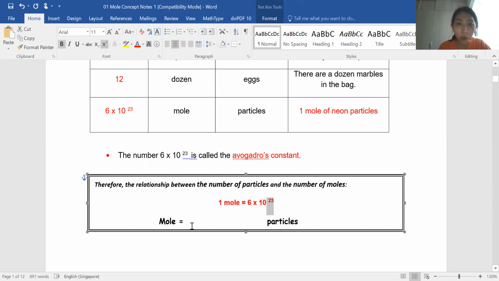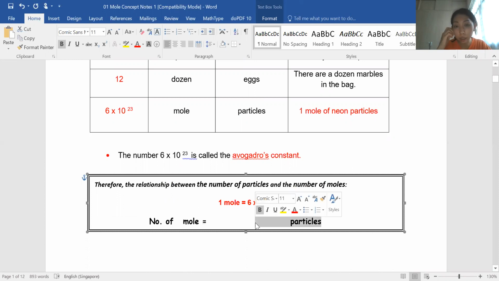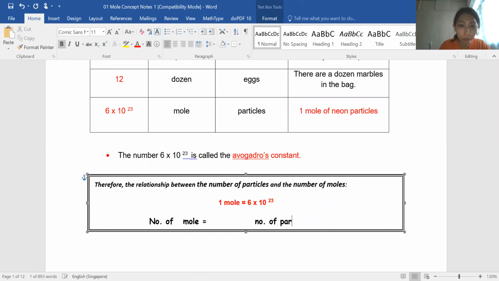If I want to find the number of moles, that would be the number of particles divided by 6 times 10 to the power of 23.